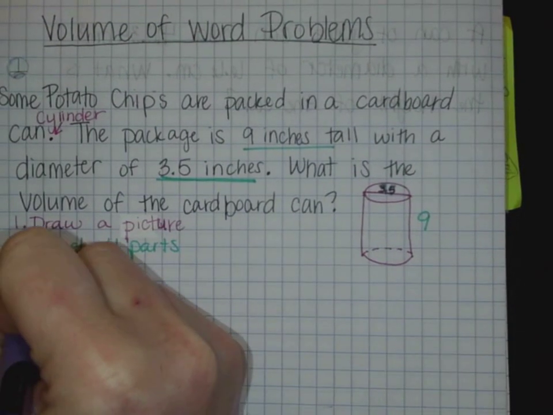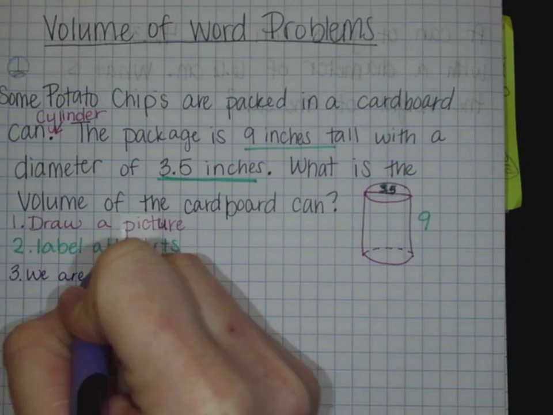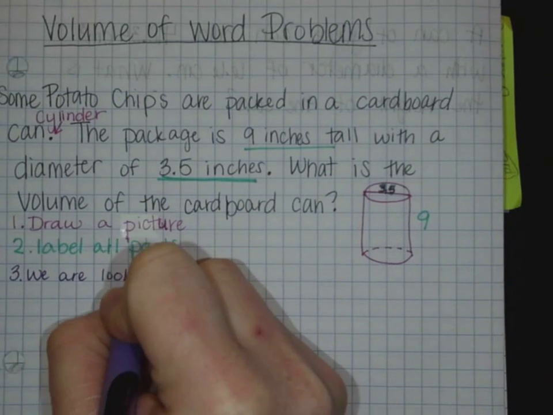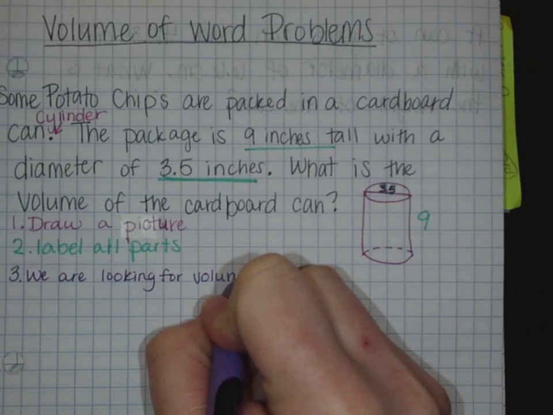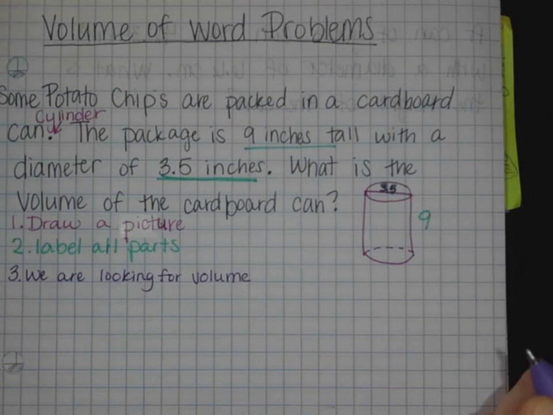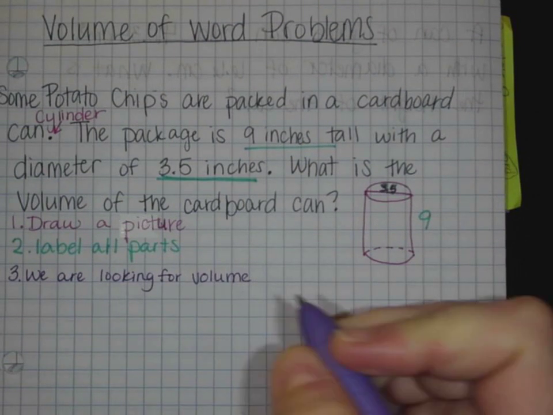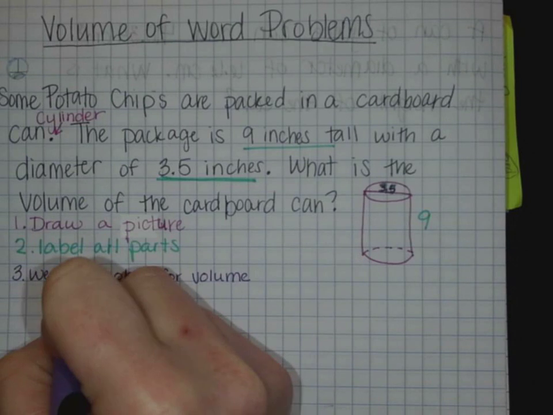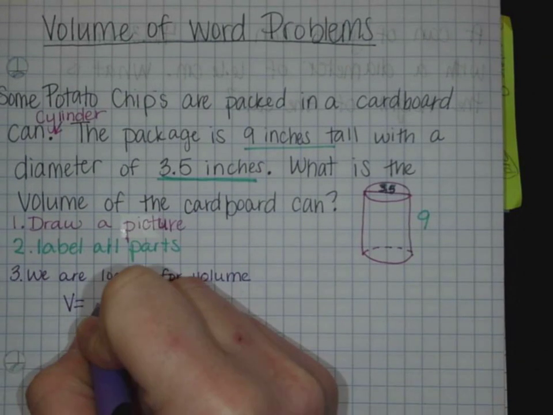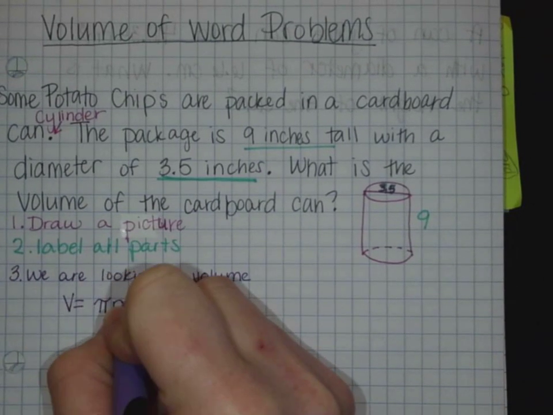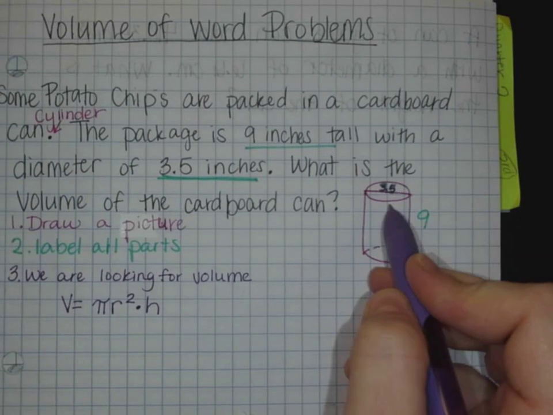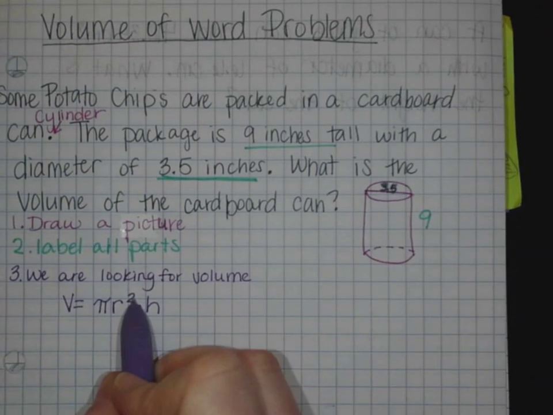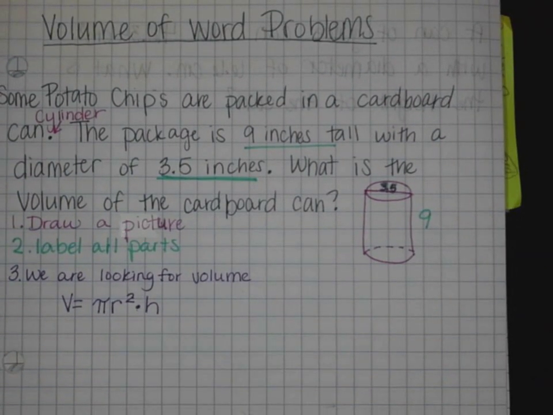So we are looking for volume. So when we're looking for volume, we know that the formula is pi r squared times height. Area of the base is a circle, so pi r squared, and then times the height.